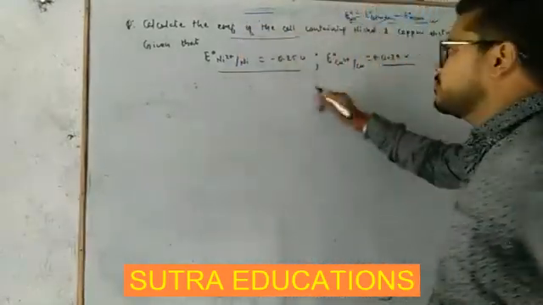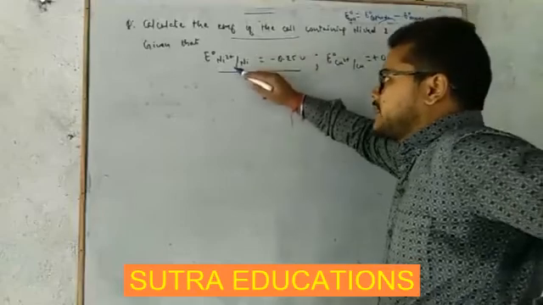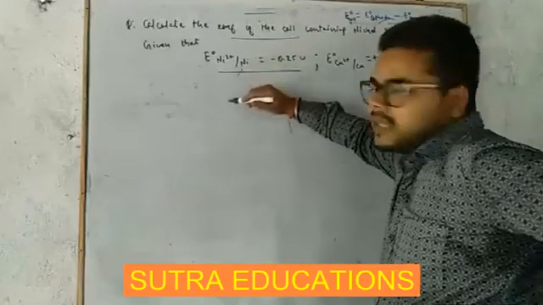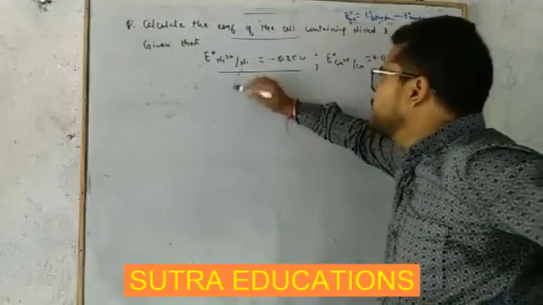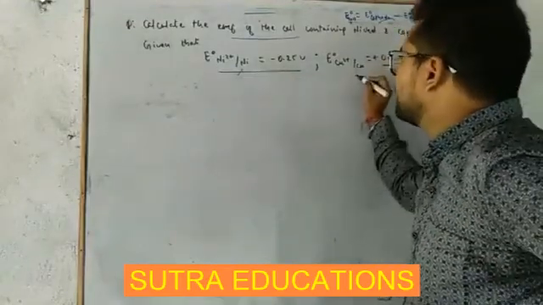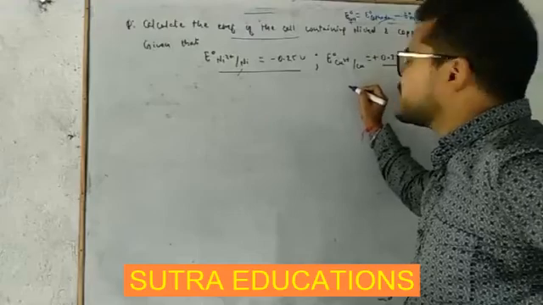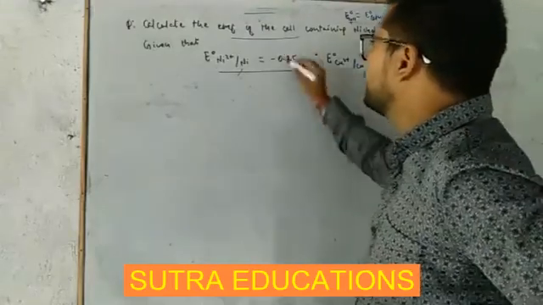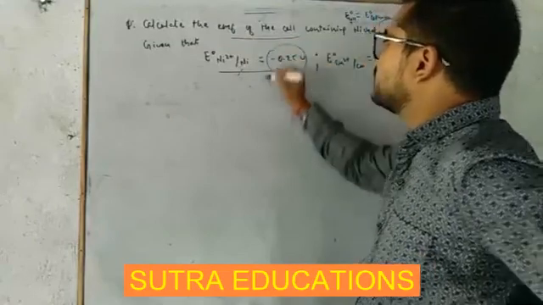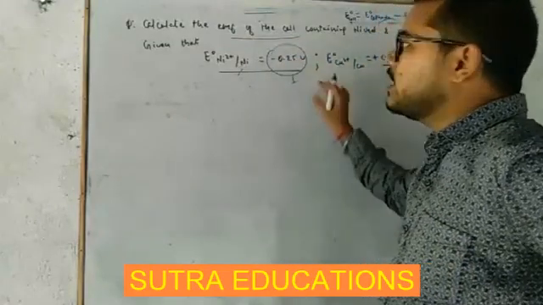We have given standard reduction potential value of nickel, which is minus 0.25 volt, and standard reduction potential value of copper, which is plus 0.34 volt. So from these two values we can clearly see this is lower in value.